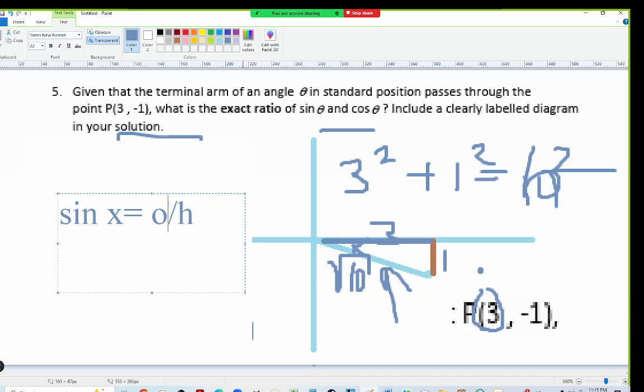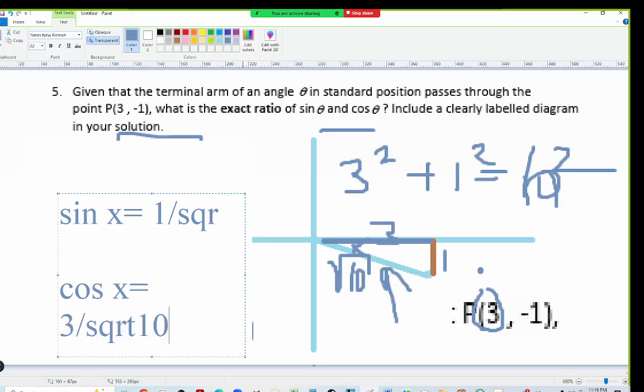What's the hypotenuse? Square root of 10. So what's the cosine? Cosine is adjacent over hypotenuse, so 3 over square root of 10. Very easy. Done.